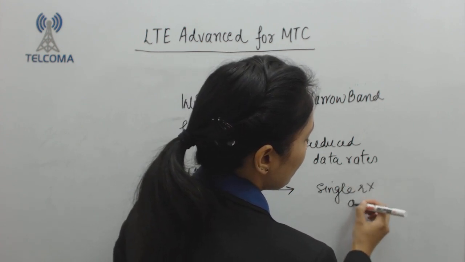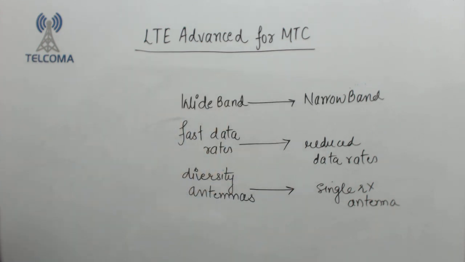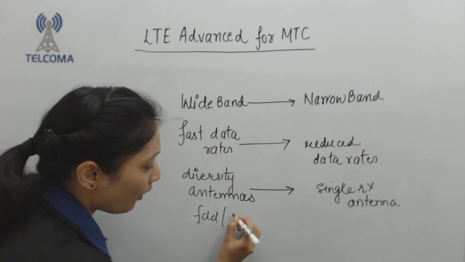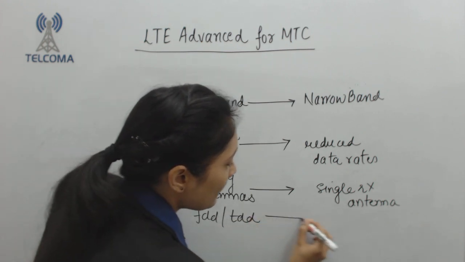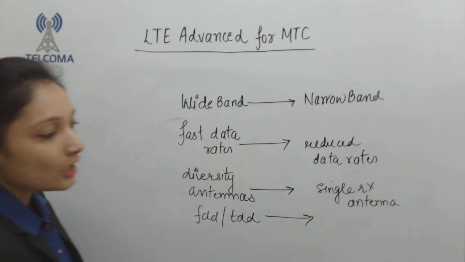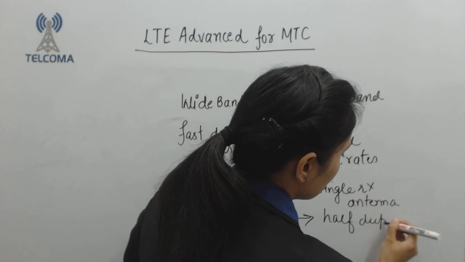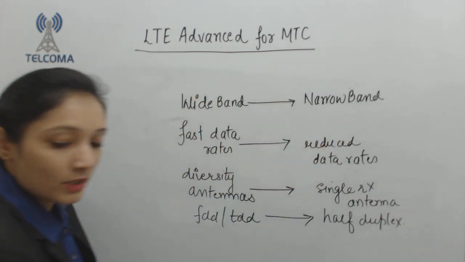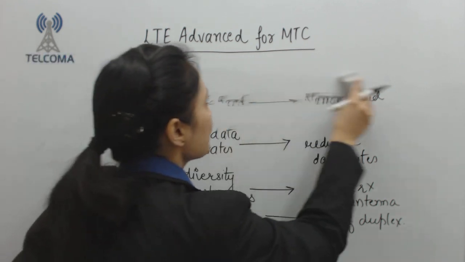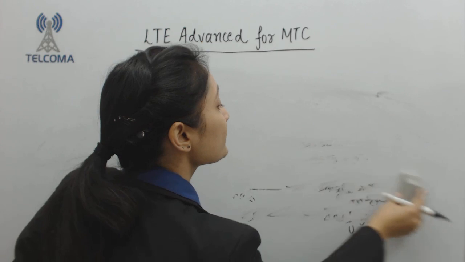Now there I will have FDD or TDD operation, but for my LTE MTC, I will have half duplex operation here. So these are the factors which make this a better approach for the Internet of Things and for machine type communications.